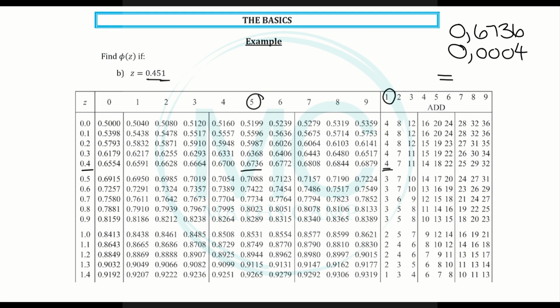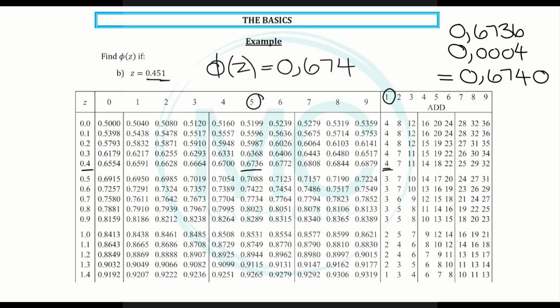Add these together and I get 0,6740. Leave your answer to 3 significant figures. So in this case, probability of Z is equal to 0,674.